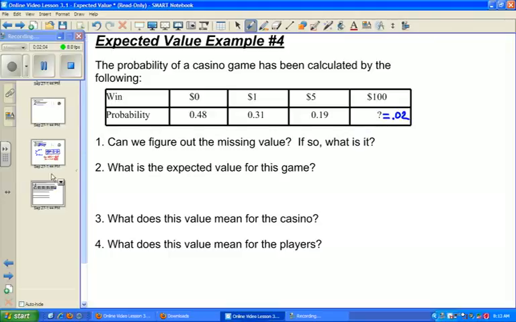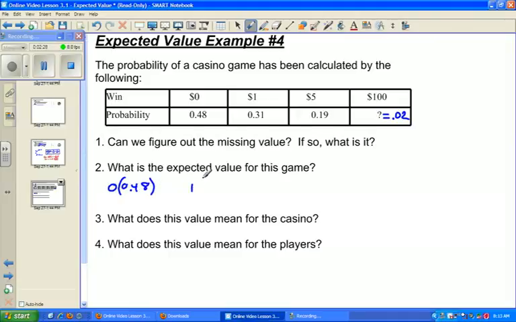All right, let's talk about expected value. To calculate expected value, remember, we multiply all of the outcomes, here are the outcomes, by their probabilities. Here are their probabilities. So I've got outcome 0 times its probability, 0.48.